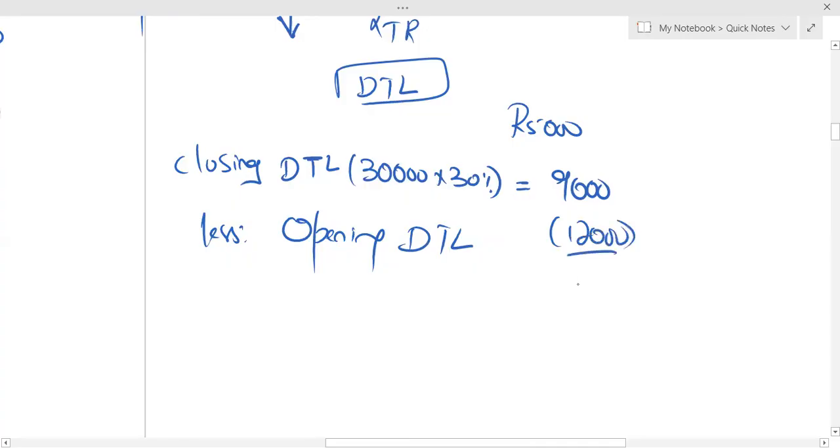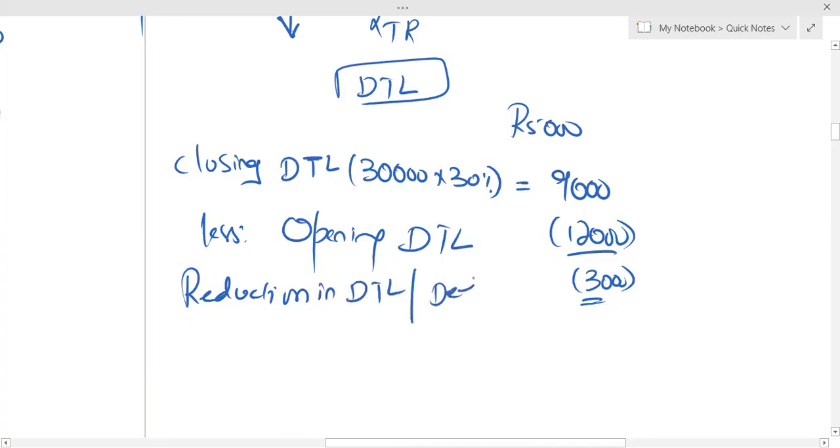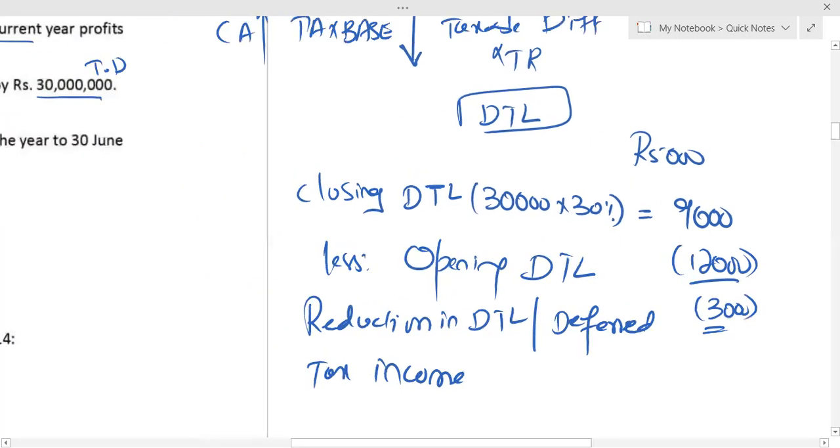So this time the liability has not increased, it has actually decreased. A reduction in deferred tax liability is your deferred tax income. It is logically your deferred tax income. And deferred tax income decreases your income tax expense.